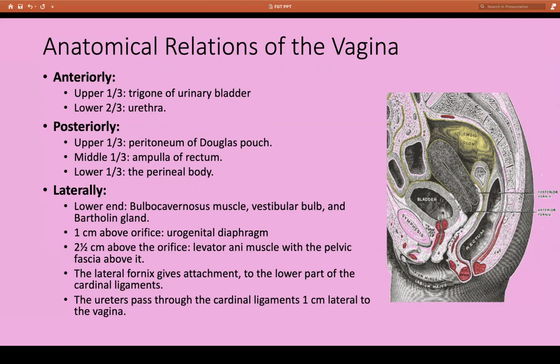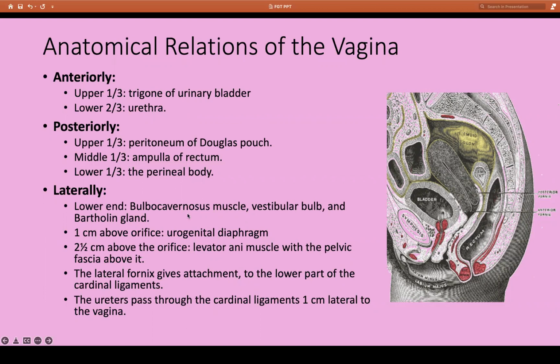Anteriorly, you can see here, upper third of vagina relates to trigone of urinary bladder, and lower third related to urethra. And posterior wall of vagina, upper third related to pouch of Douglas, middle third related to rectum, and lower third is near to the perineal body.